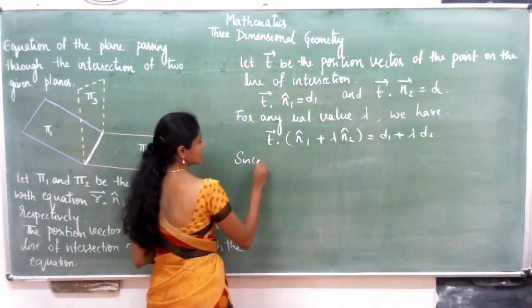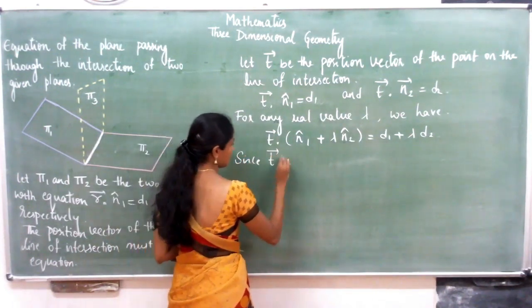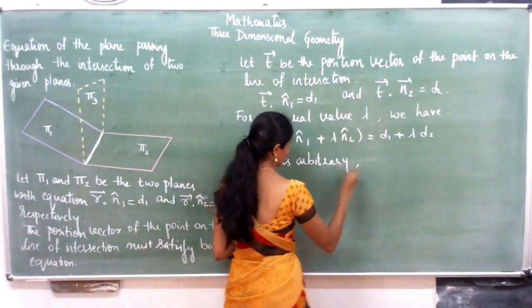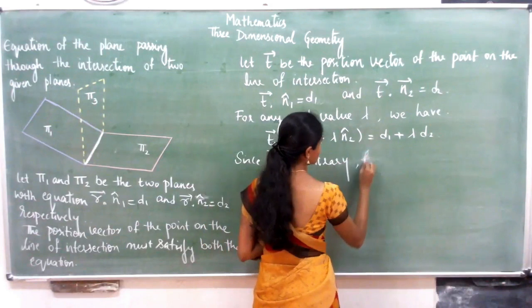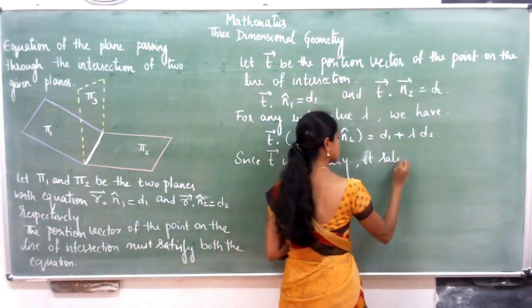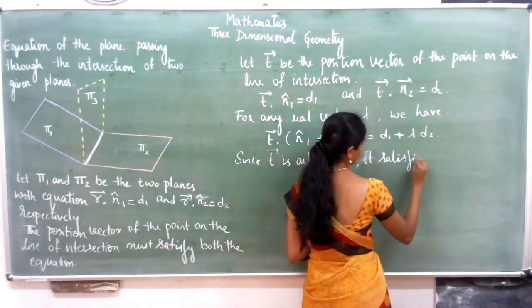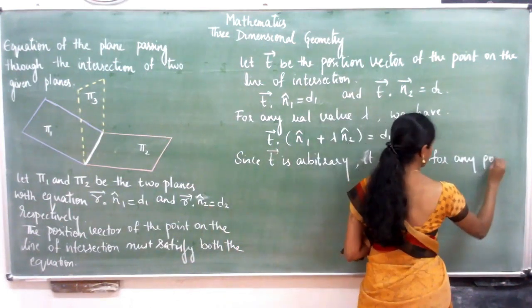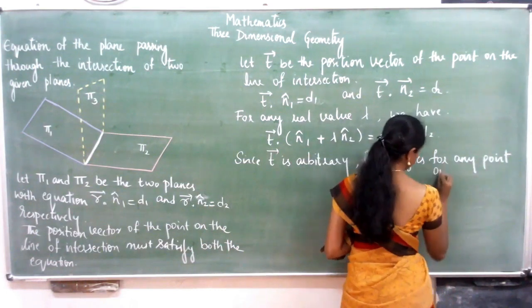Now since vector t is arbitrary, it satisfies for any point on the line.